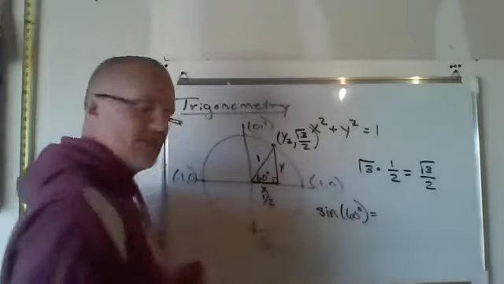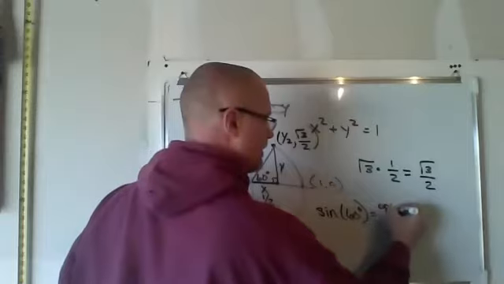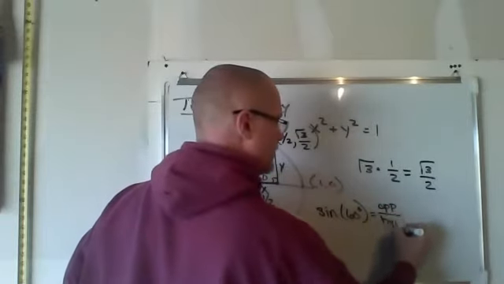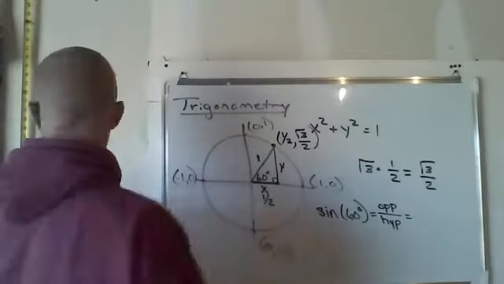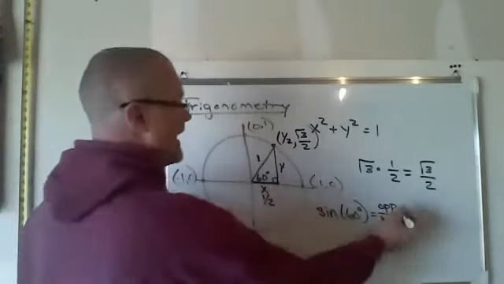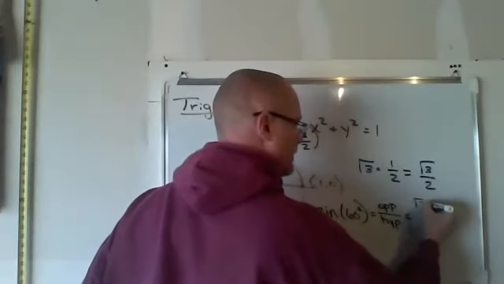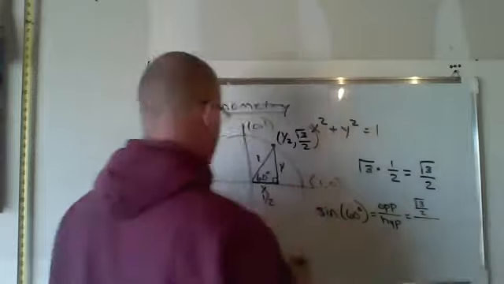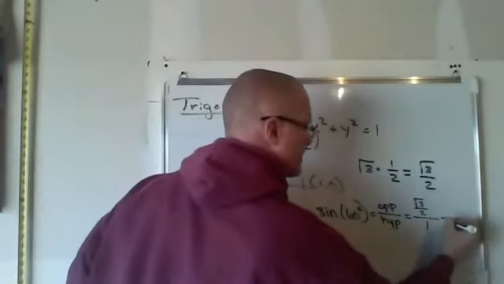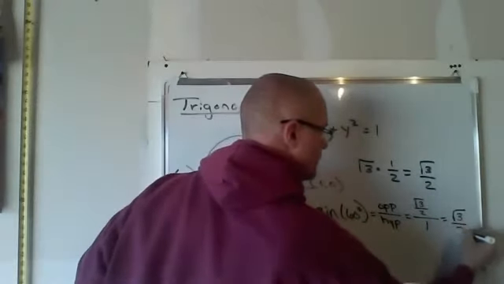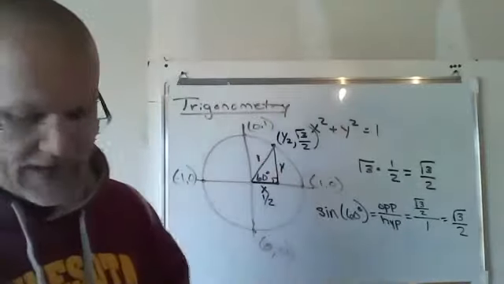The sine of that 60-degree angle is the opposite over the hypotenuse. The opposite side is the y coordinate, which is square root of 3 over 2, and the hypotenuse is 1, the radius of the circle. So the sine is square root of 3 over 2. Now you've got that sine built in there.